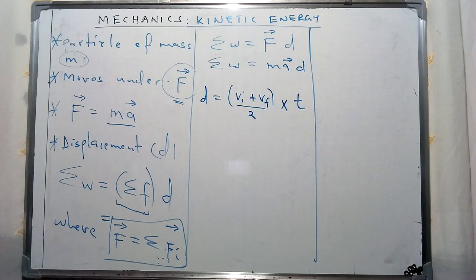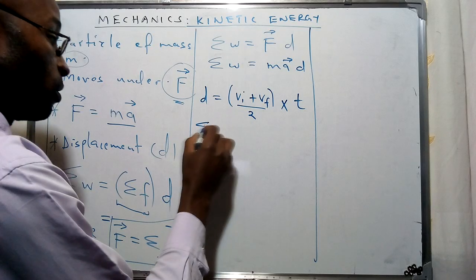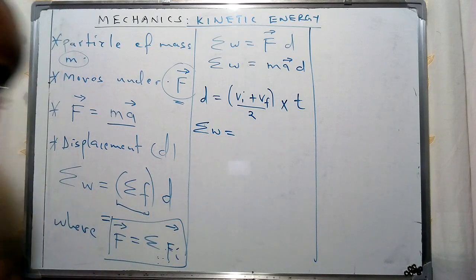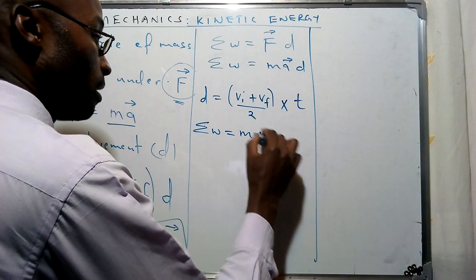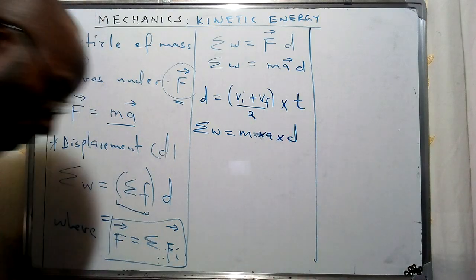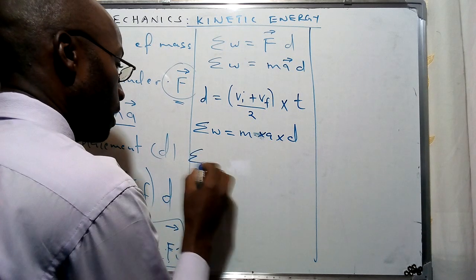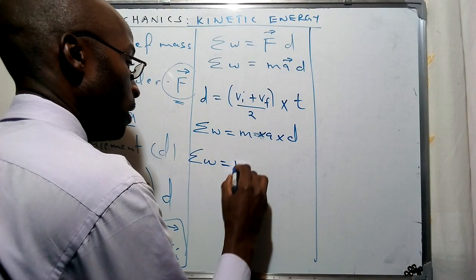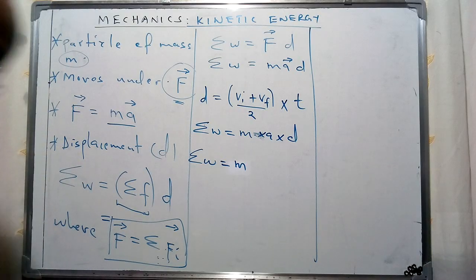Then therefore we can have this specific element of work, which we are given in terms of summation of W is equivalent to mass times acceleration times distance. We had defined acceleration as the rate of change of velocity with respect to time.